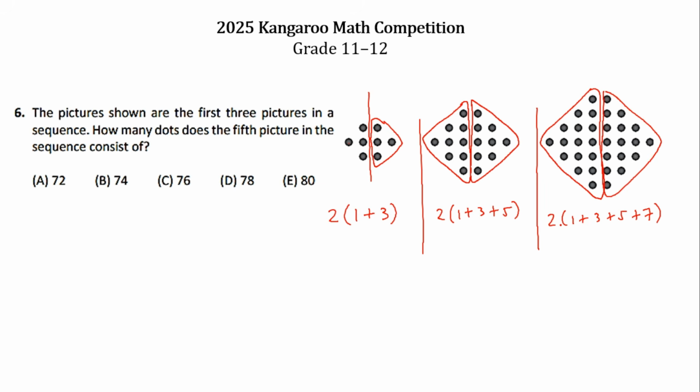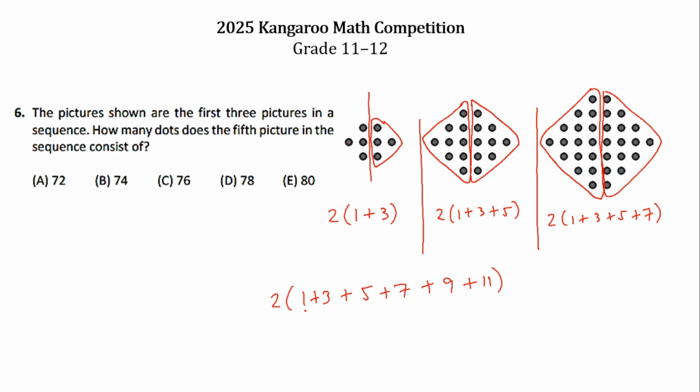Now, for the fifth picture, we expect the following expression. 2 times 1 plus 3 plus 5 plus 7 plus 9 plus 11, right? So this is the total number of dots in the fifth picture.